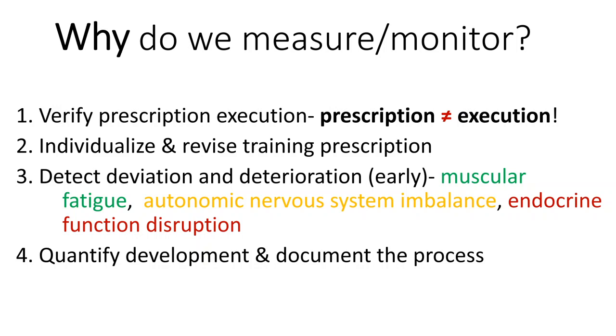A third issue is we want to detect any kind of deterioration or deviation that's happening. And I often think of 3 different systems when I think of this. I think of what's going on at the muscular level. Is there fatigue? Is there muscle damage? And so forth. What's going on at the autonomic nervous system level, meaning things like heart rate changes relative to a given workload.